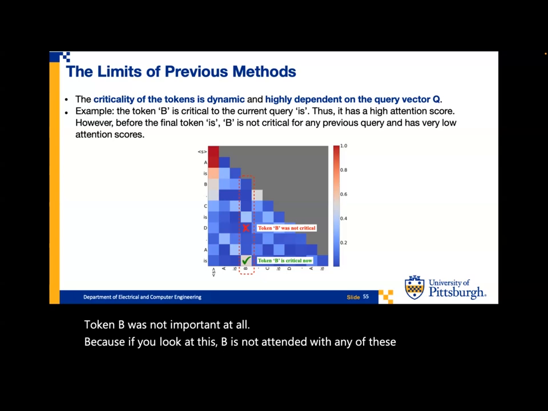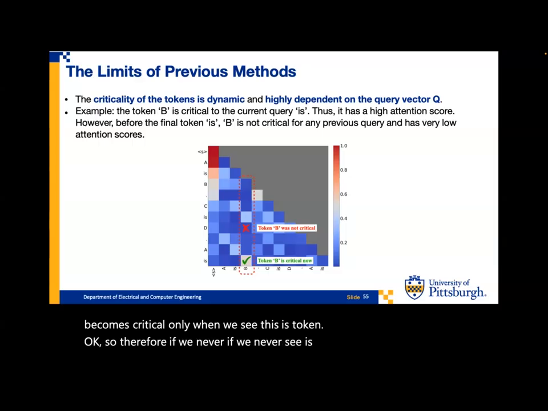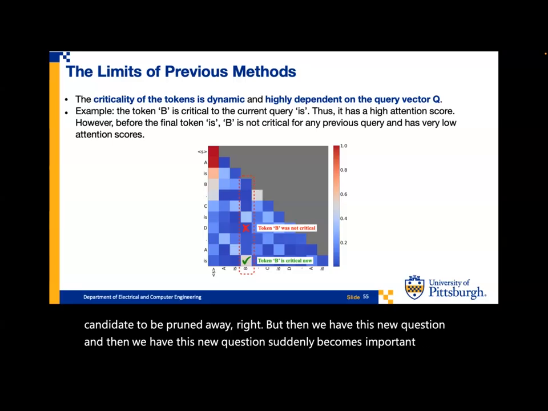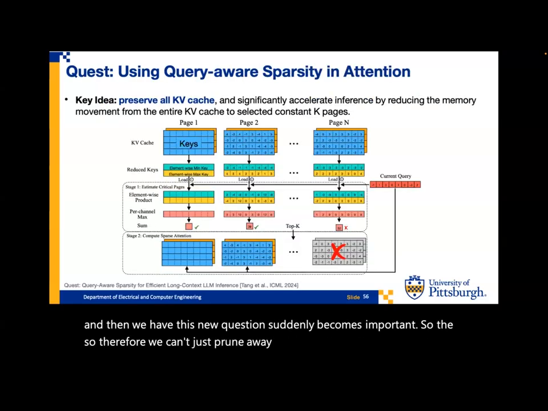B becomes critical only when we see this "is" token. So if we never see "is" over here, B is a perfect candidate to be pruned away, right? But then we have this new question, and suddenly B becomes important. So we can't just prune away the token based on the history.